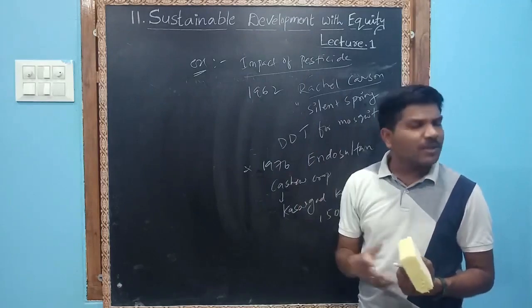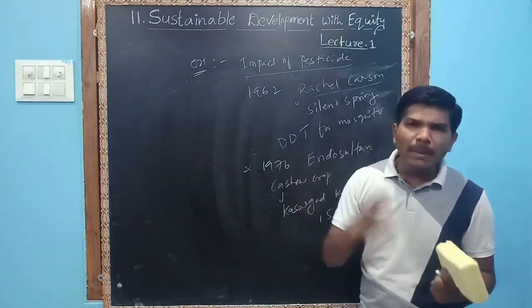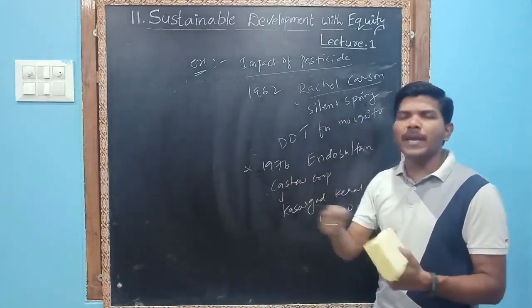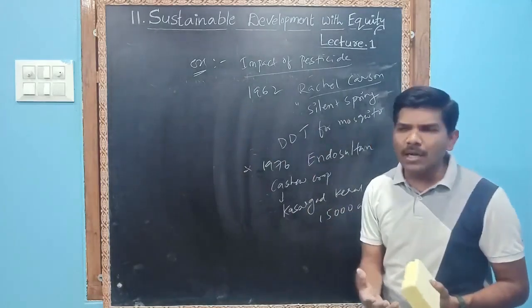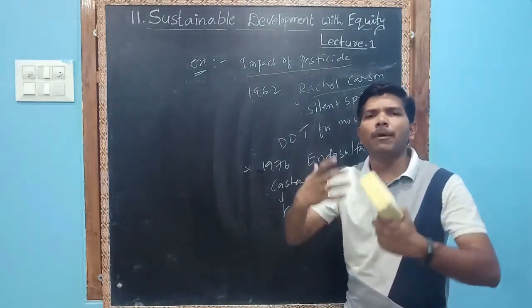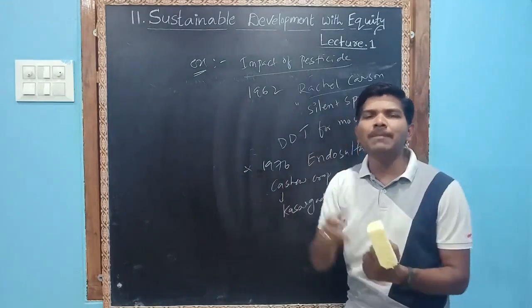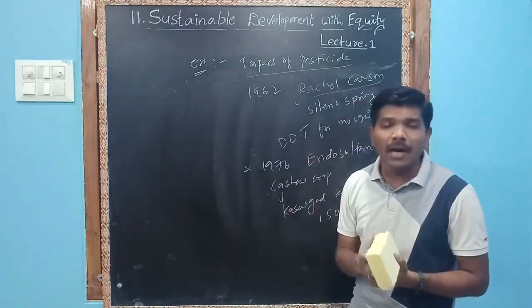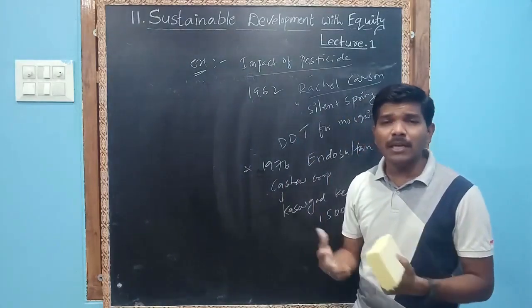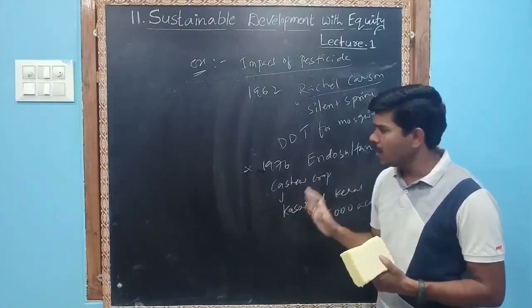People were suffering from certain diseases, and a few people died due to the spraying of this endosulfan. You might know that whenever people do not take proper safety measures while spraying pesticides, some of them may die. Some people lost their lives due to endosulfan.